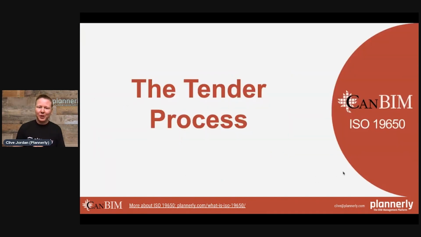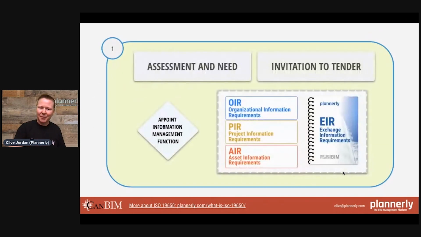So let's take a look at the tender process to start with. This first part is setting up a project and understanding what the requirements are. It incorporates the assessment and need. So, I'm an owner, I'm building, as we mentioned, a casino. I want it to be open super quick, so I need to be sure on the schedule. I need to be understanding the cost, but I'm not that worried about it, so it doesn't form one of my highest requirements.